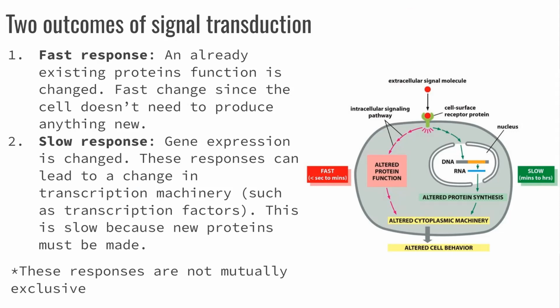This is a slow response because you have to go through transcription and translation in order to lead to the desired outcome. These responses are not mutually exclusive. A signal can cause both a fast response and a slow response.